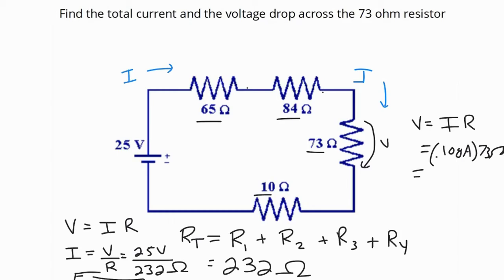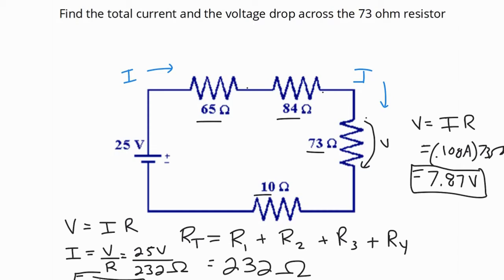So my answer times 73 gives me a voltage of 7.87 volts. So I know across this resistor, the voltage is going to drop by 7.87 volts.